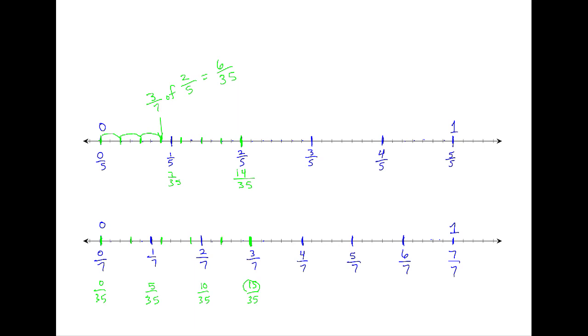Okay, so I have 3/7 divided into 5 equal pieces, and so I go 1, 2. Here is where we have 2/5 of 3/7, which is 6/35.